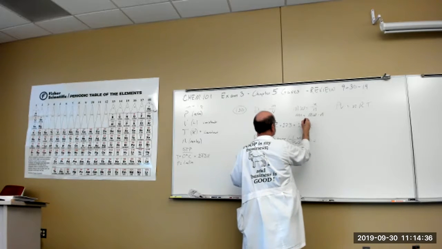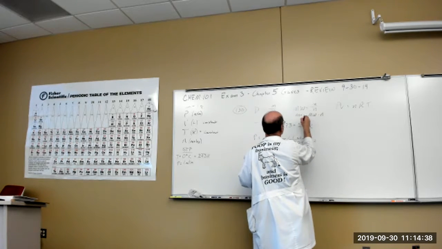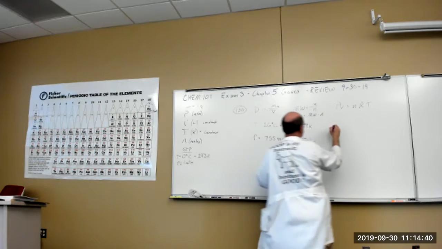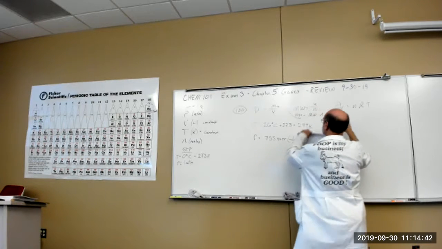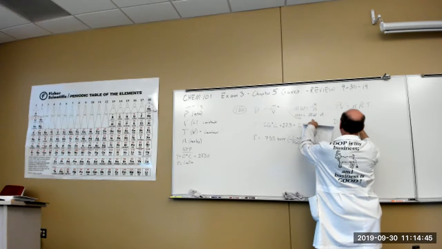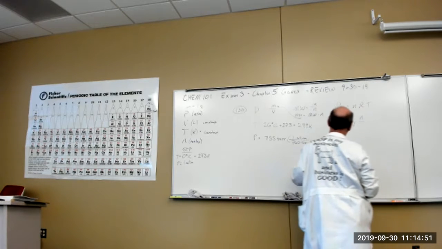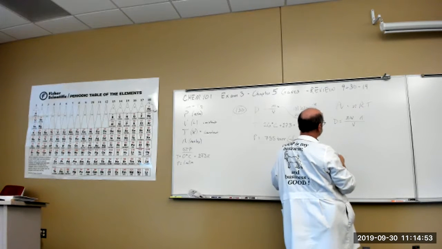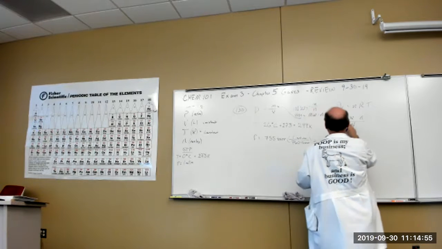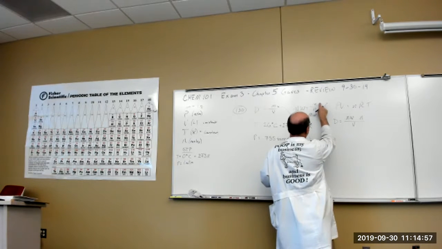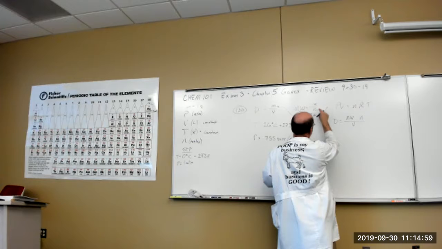Substituting this in here, we get density equals molecular weight times moles divided by volume. Molecular weight is equal to mass divided by moles.